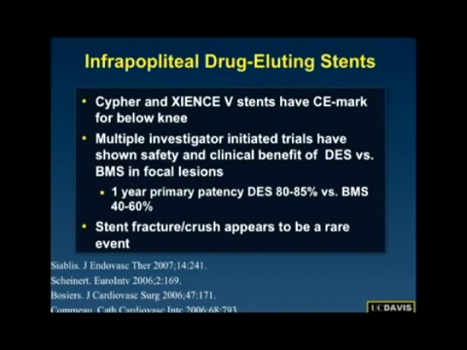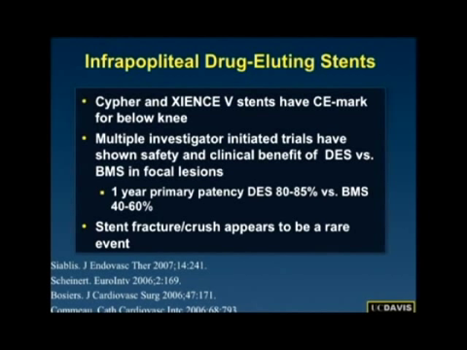Just a word on infrapopliteal drug-eluting stents. As Krishna had said, a lot of the data is from single centers. They are for very focal infrapopliteal lesions. Based on that data, both the Cypher and Xience V stents have CE mark approval for below-the-knee intervention.